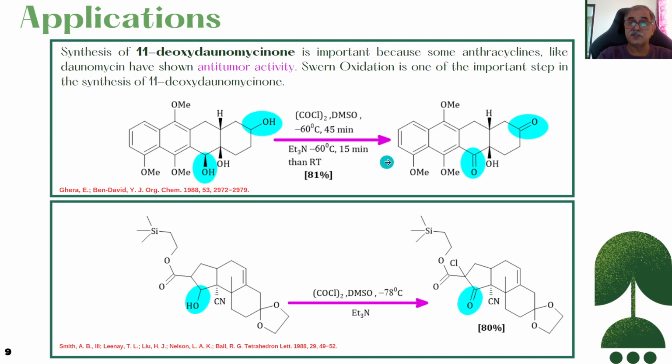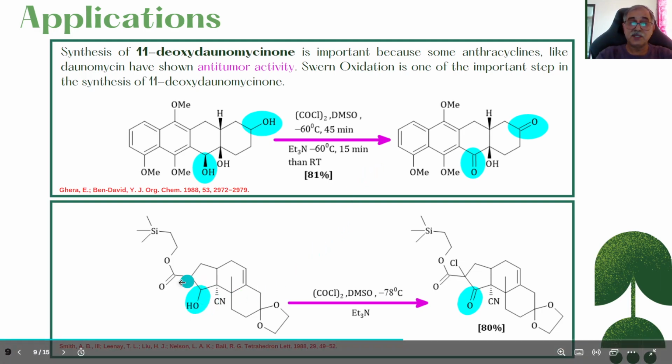So this is an important reaction for the synthesis of such types of compounds. Similarly, in these types of natural products, alpha hydroxy nitriles are also selectively oxidized to the corresponding ketones without affecting the nitrile group under Swern oxidation conditions.